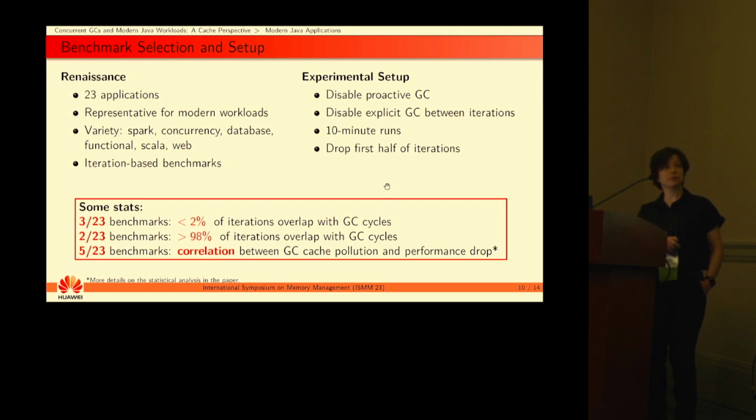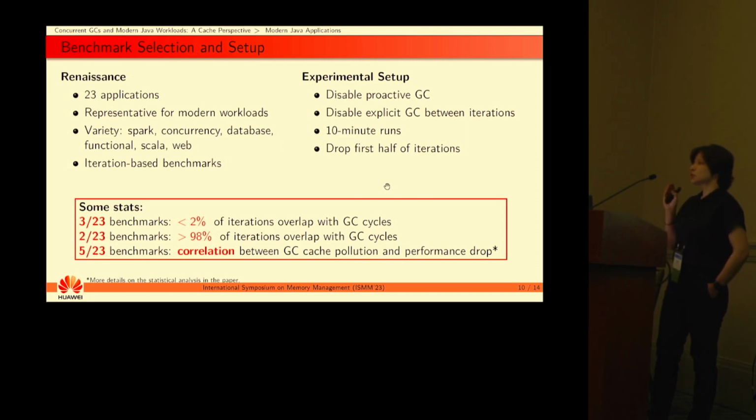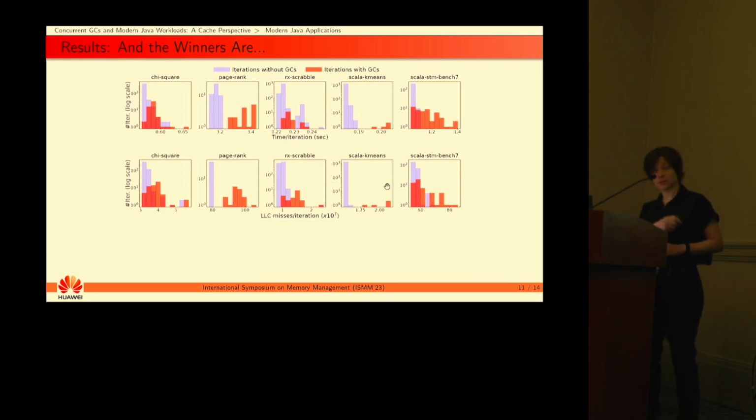But the most important result is the fact that only 5 out of the 23 benchmarks actually show a correlation between GC, the cache pollution produced by the GC, and application performance. These are them. These 5 show some correlation.